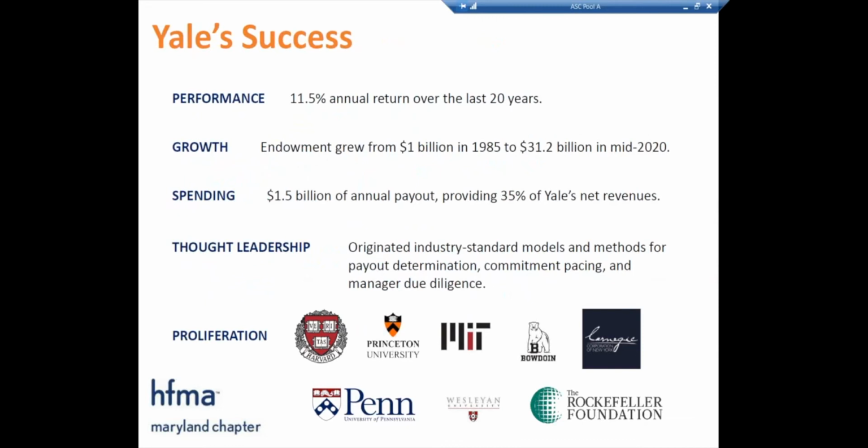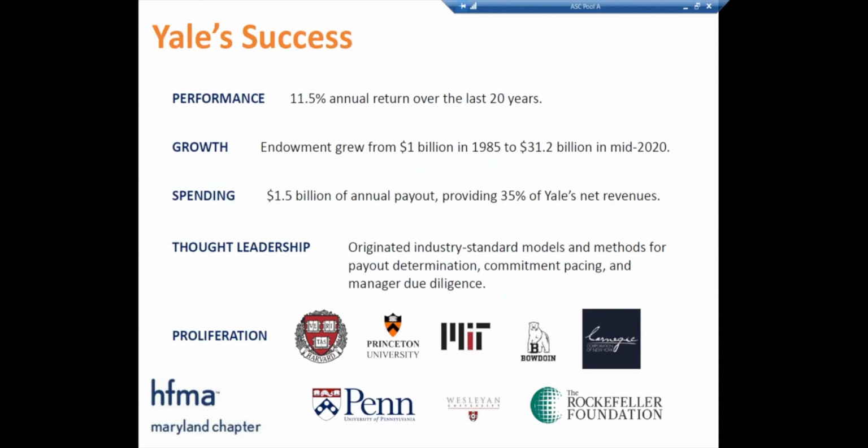And the other aspect is he's put his fingerprints on the rest of the endowment world, as people who worked closely with him have left Yale and moved out into the industry.